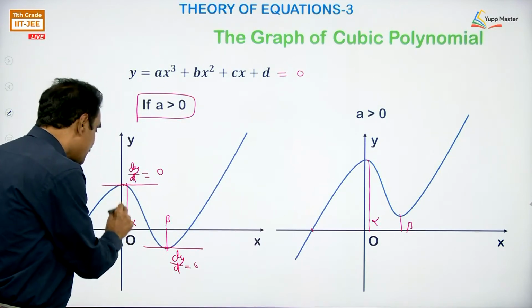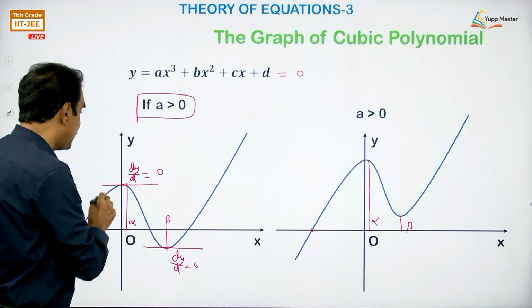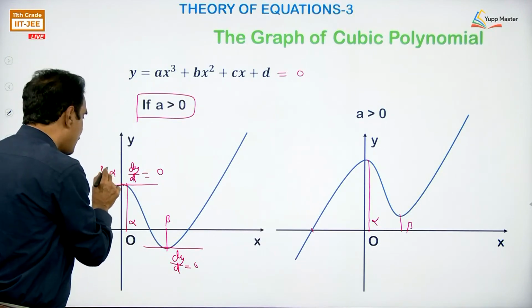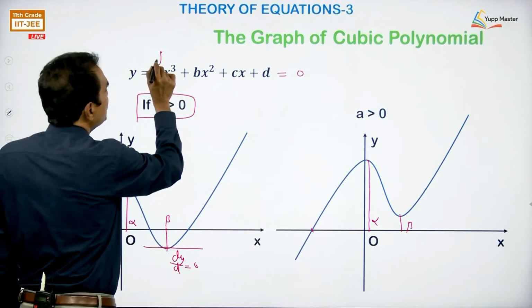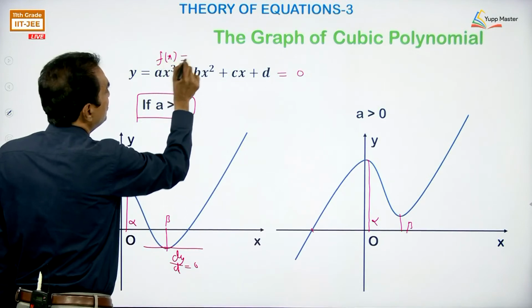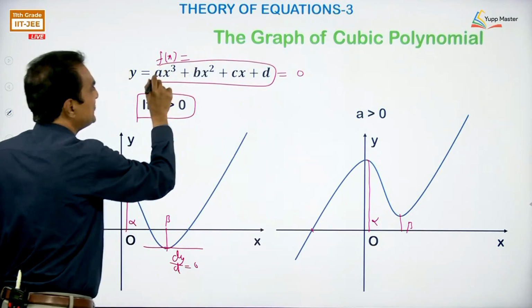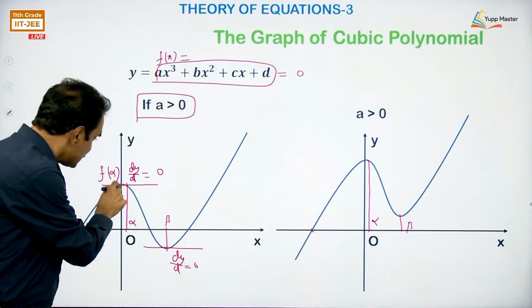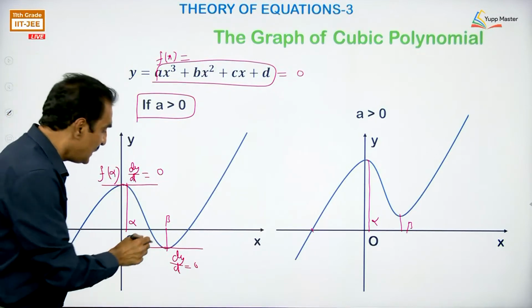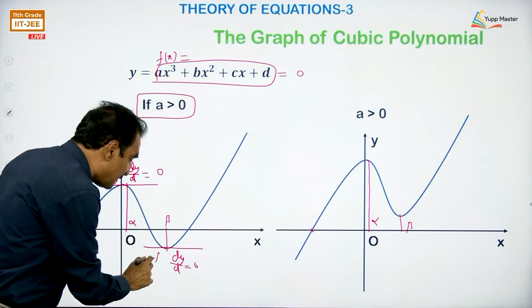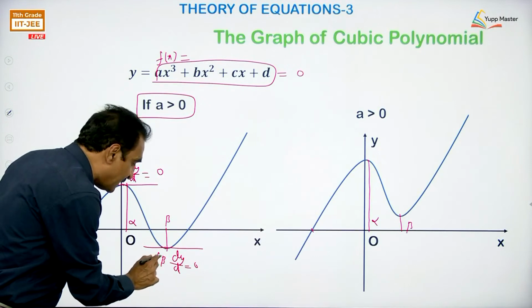Substituting x is equal to alpha there, we will get f of alpha. If you take this expression as f of x, then this maximum value is f of alpha, and at x is equal to beta, the value of the function is f of beta.